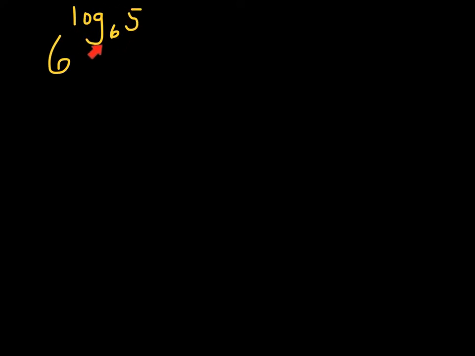So this notation up here is describing the exponent to which you would raise 6 in order to get 5. So here we are raising 6 to that exponent, so we should expect to get 5. This is just equal to 5. And again, please reference property number 4 for this one.